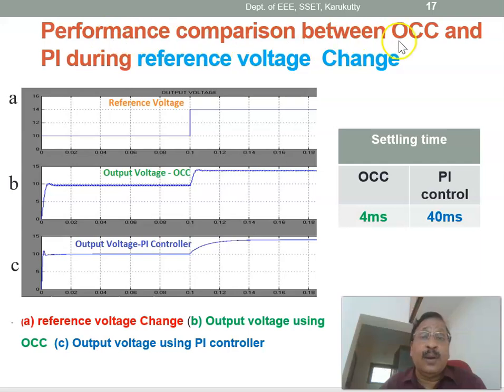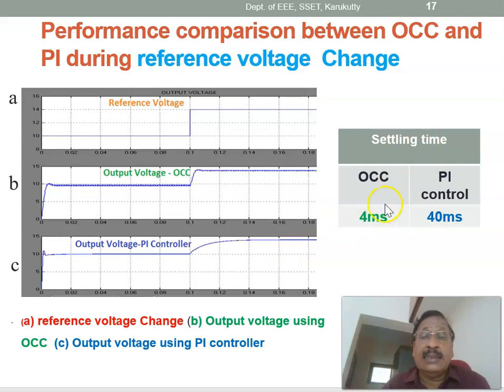Now let us see the performance comparison of OCC and PI for the reference voltage change. For example, here the required reference voltage is changing in this fashion. Here we can see the output voltage of OCC changing like this. But with the PI controller, it takes more time to reach the reference voltage.